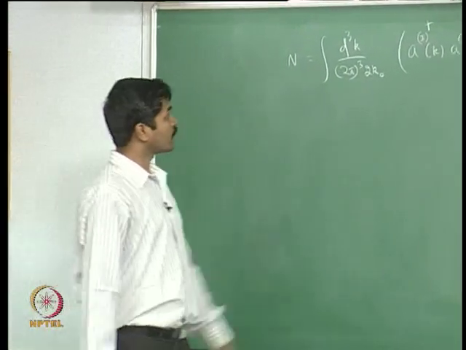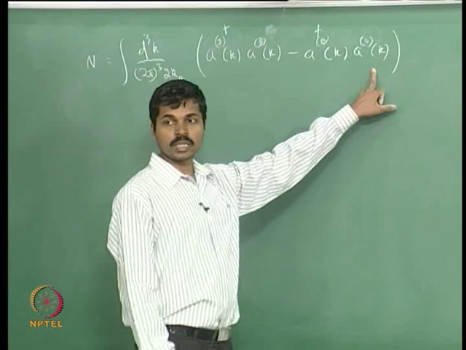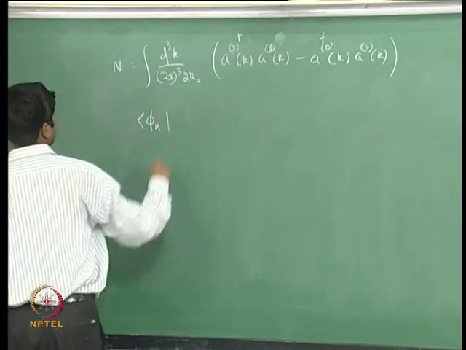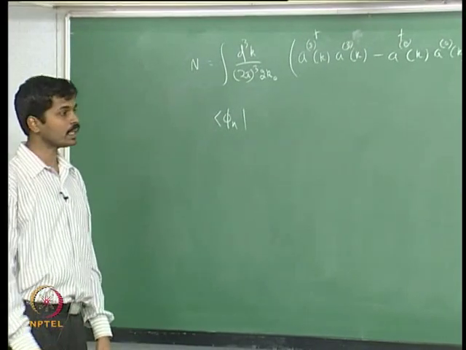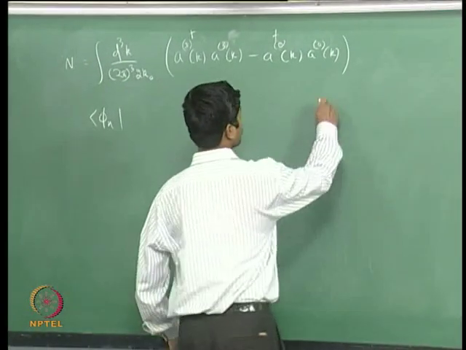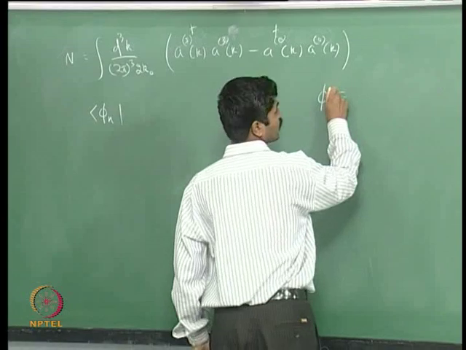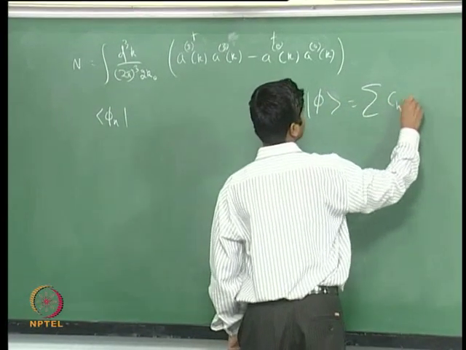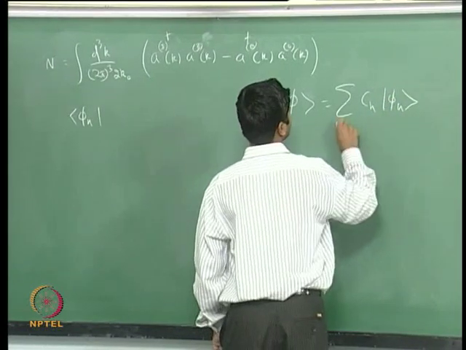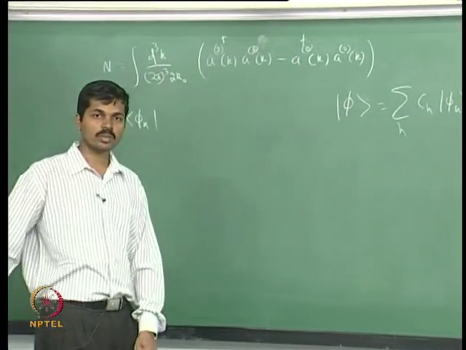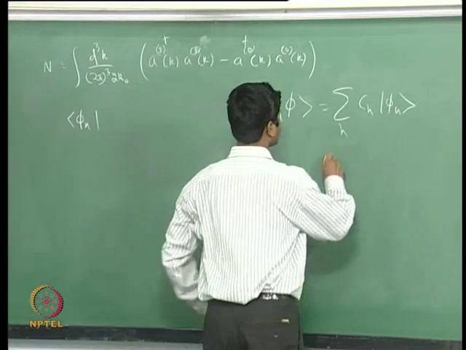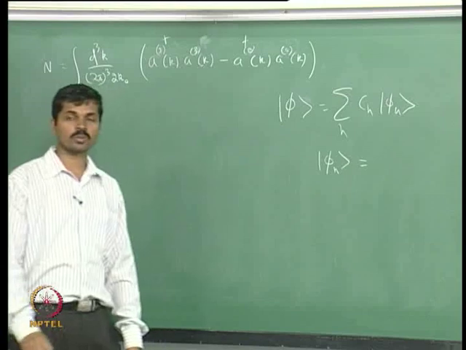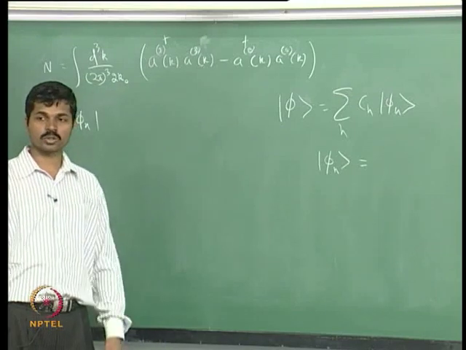This is the number operator corresponding to the longitudinal and scalar polarization. You can look at some n particle state phi n; any arbitrary state phi here can be expressed as some coefficient C n times phi n summed over n, where phi n here is an n particle state corresponding to the scalar and longitudinal polarization.